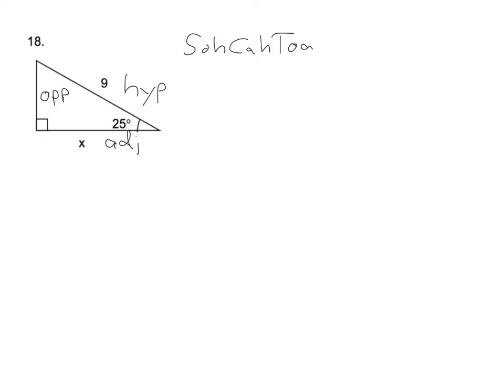Since I'm looking for the adjacent, I know the hypotenuse, I'm going to use the fact that cosine of an angle is equal to the adjacent side over the hypotenuse. So I can say cosine of 25 equals x, my unknown side, over 9.